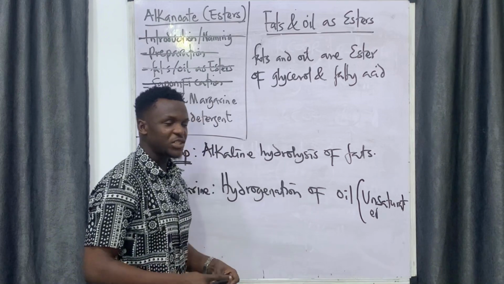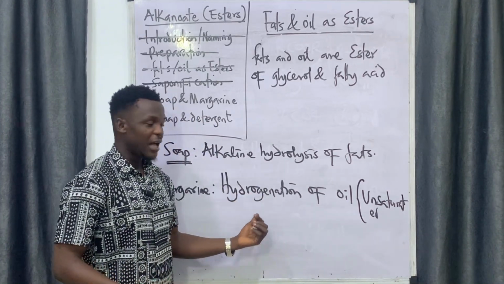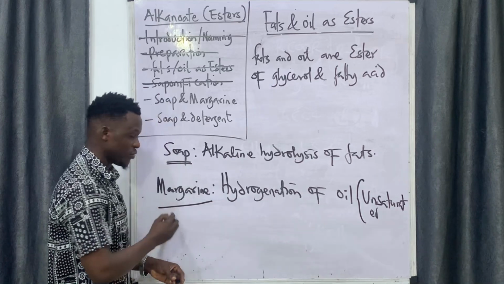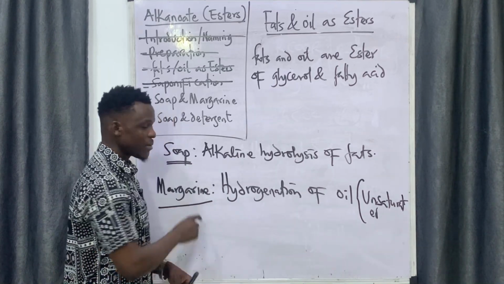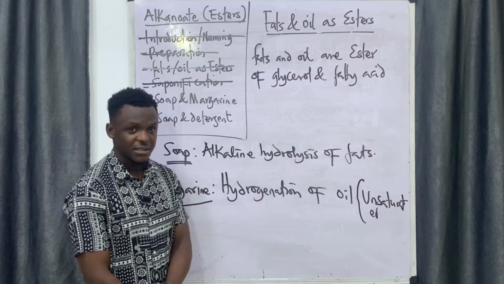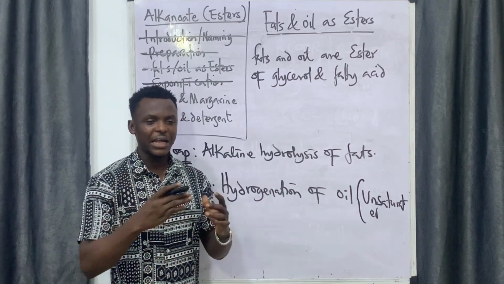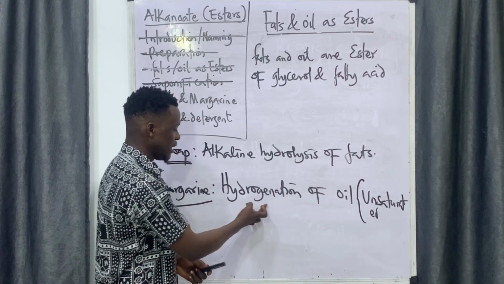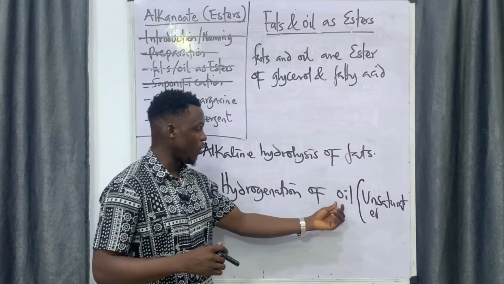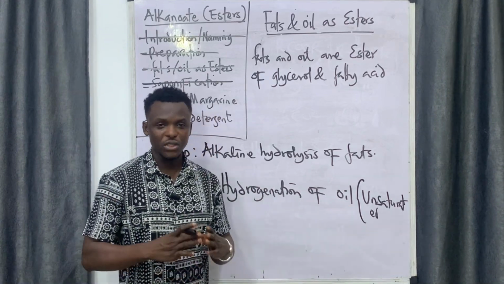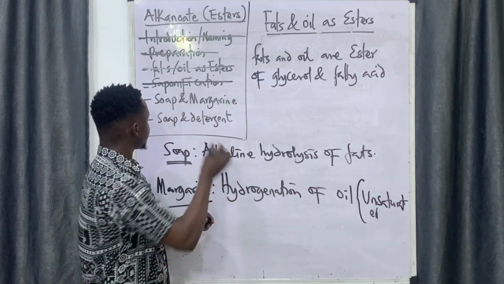So when you hydrogenate unsaturated oil, you're going to form a solid that is fat, and that fat is what we call margarine. So what you use in eating your bread, right, is basically gotten via this process. They bring oil that contains a double bond and of course add hydrogen in a process known as hydrogenation. Once this process is completed, the oil changes from oil and becomes a solid. Right, so that is how we got this.